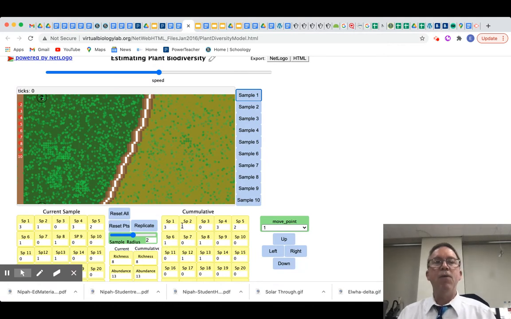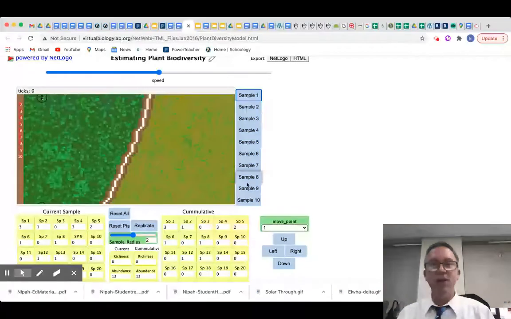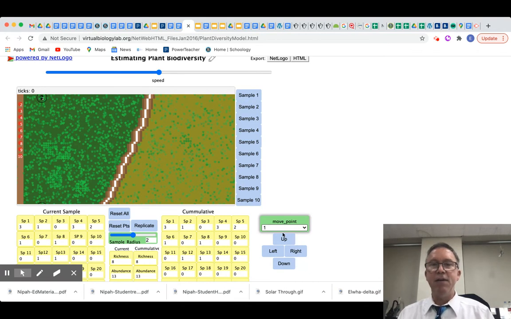Now I want to sample again, so I'm going to try to move point 2. Remember, I can't just click and drag. Unfortunately, I have to go here, say point 2, and move this one 15: 1, 2, 3, 4, 5, 6, 7, 8, 9, 10, 11, 12, 13, 14, 15. And I'm going to sample there.